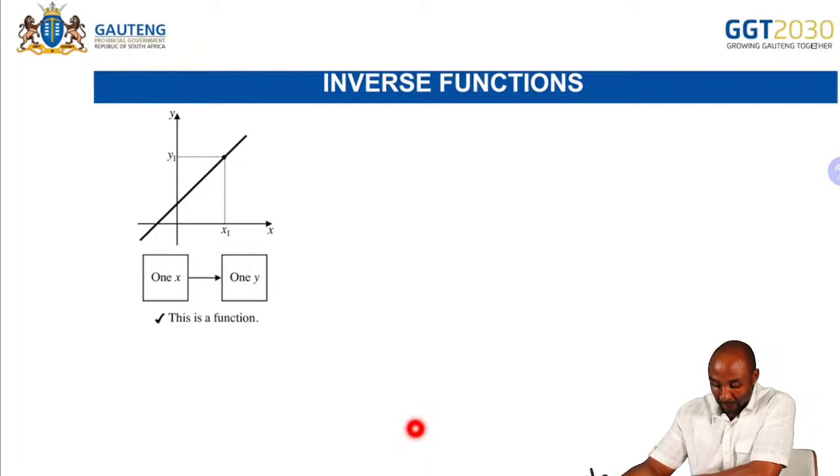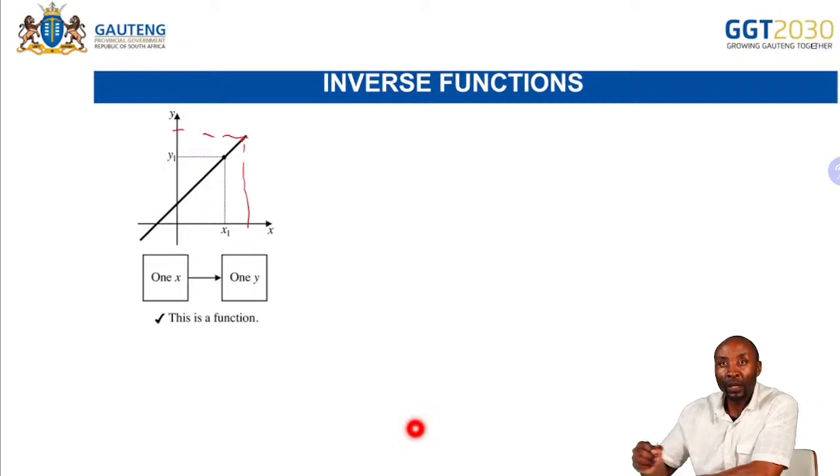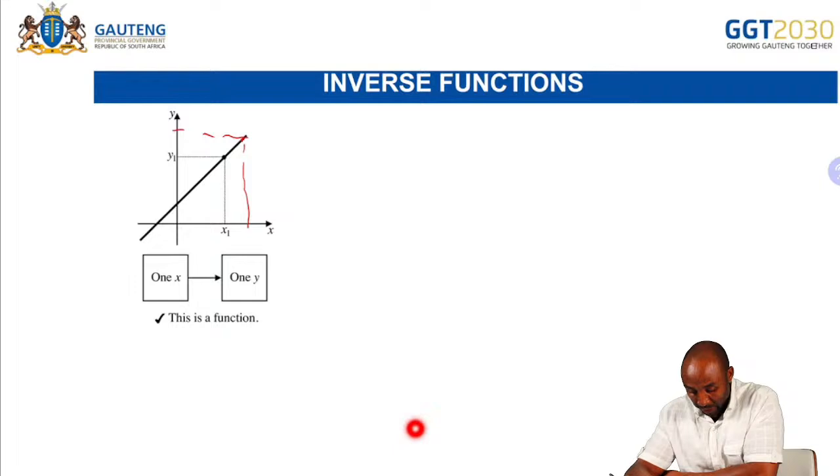If you check the first graph, it's an increasing linear function, and you are able to see that for each x value there is only one y value. You are able to see x1 goes with y1. A different x will have a different y value. No two points are having the same x value or the same y value there.